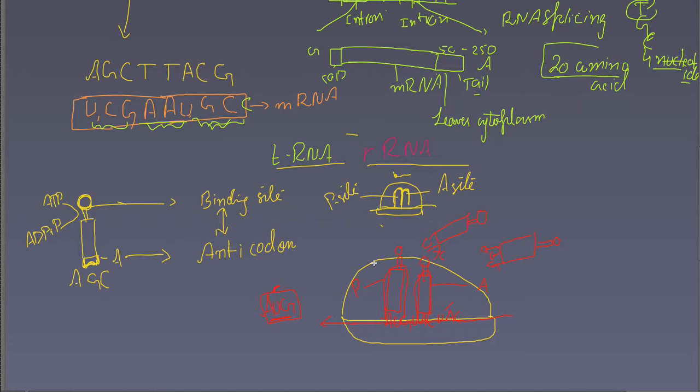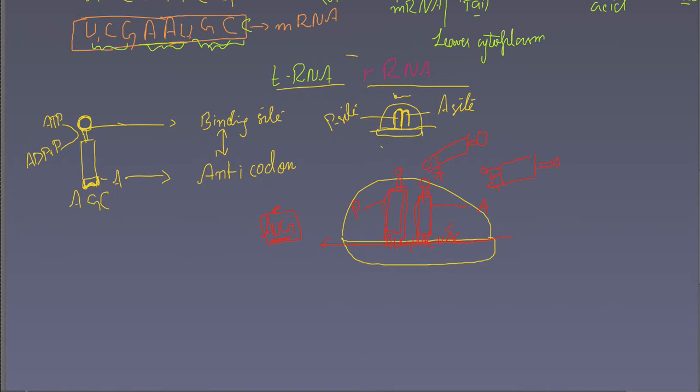Now this is starting to get a little bit messy. Now what happens is that the bond between this binding site and this protein breaks off. It gives this amino acid to this tRNA molecule, and the tRNA molecule right here leaves the ribosome.